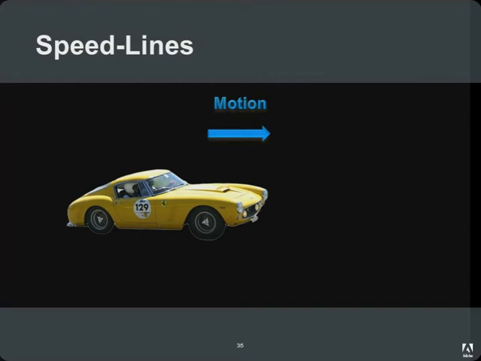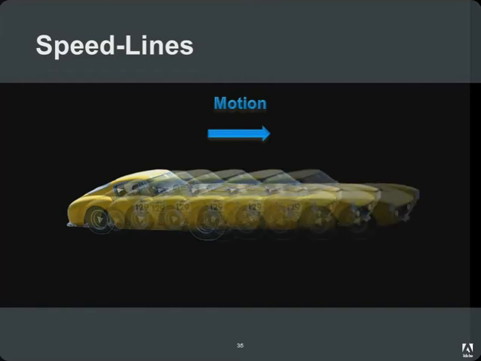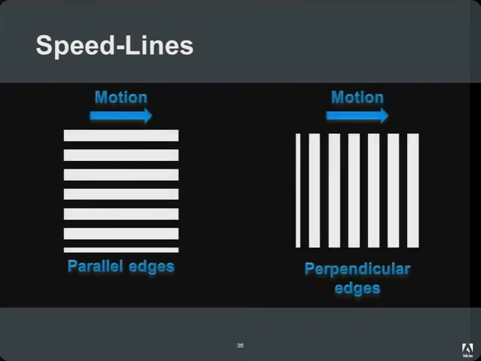To understand how a DoG filter can generate speed lines, let's look at what happens when an object under motion is photographed. During the exposure time, the object moves, thereby painting itself onto the photo in the direction of motion. This can be modeled as a blur along the direction of motion. For structures that are aligned with the direction of motion, this has little effect, as the structure merely superimposes itself.